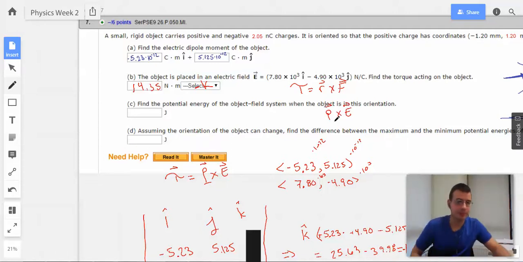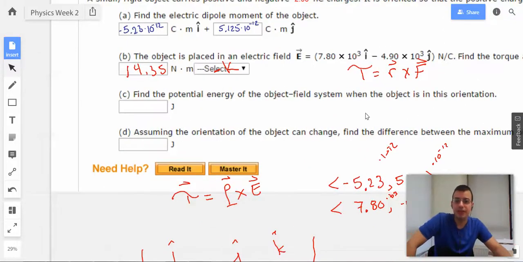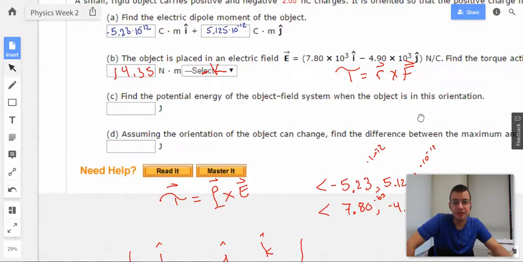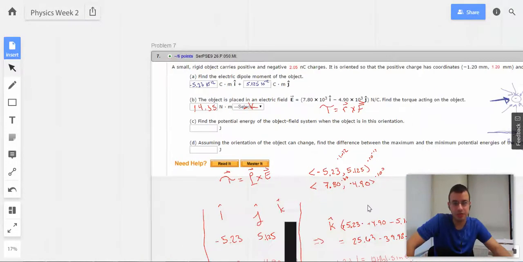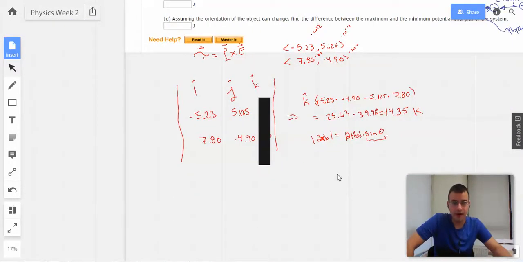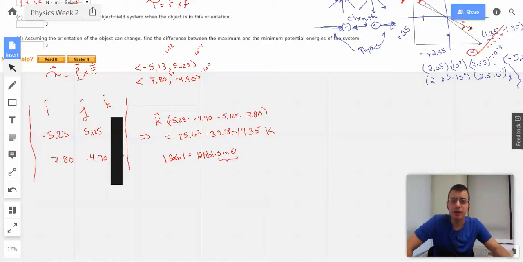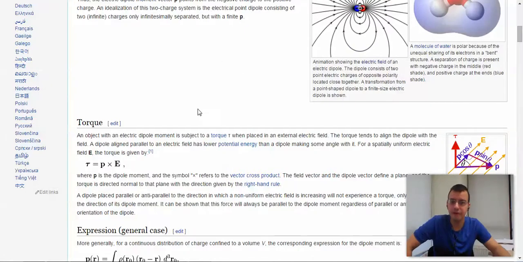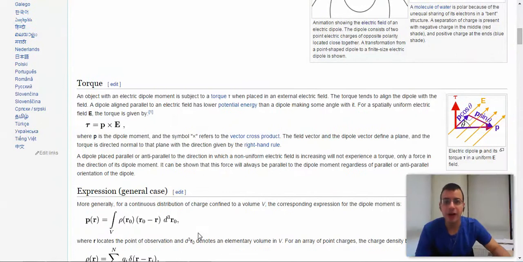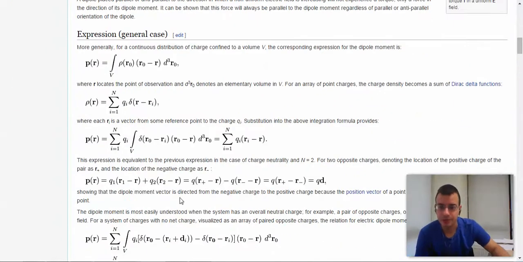Same idea. Get rid of that guy, because he bothers me. Find the potential energy of the object field system when the object is in this orientation. Okay, we can do that. So let's go over here, electric field, or to Wikipedia.